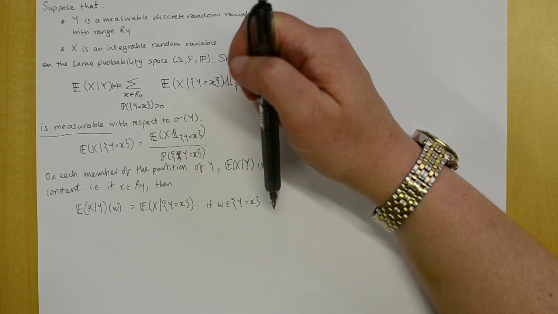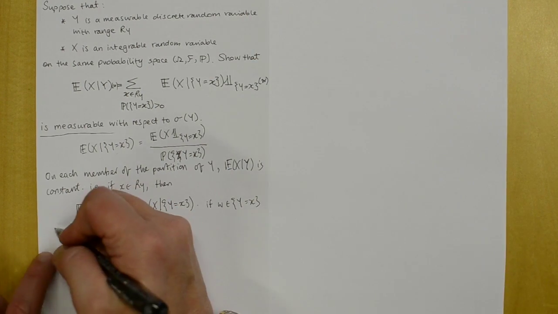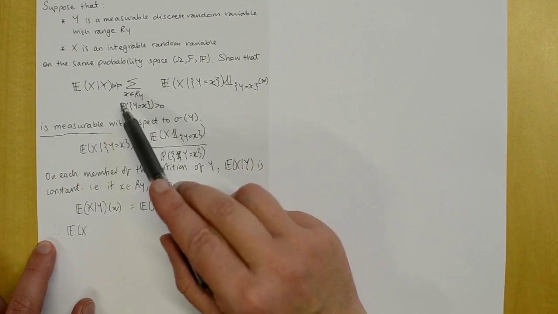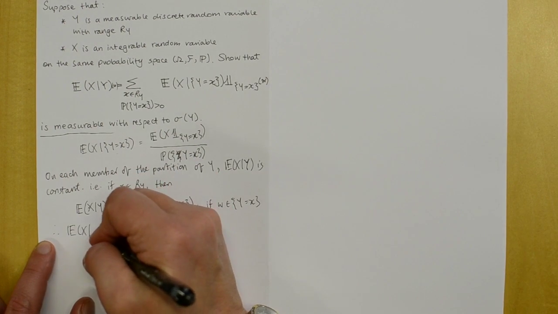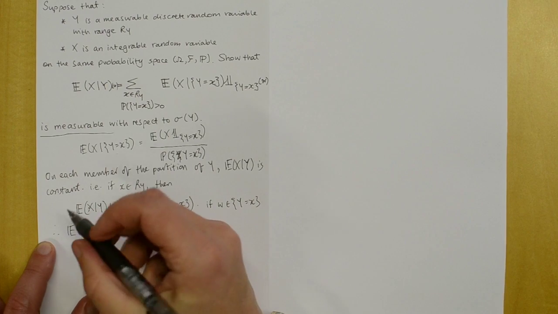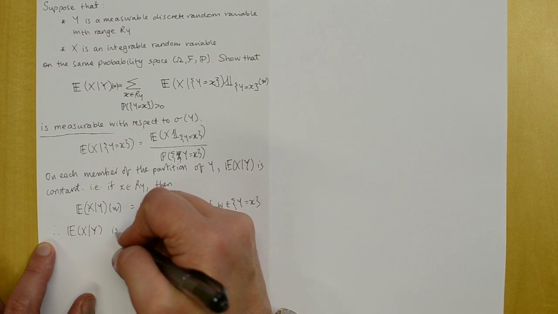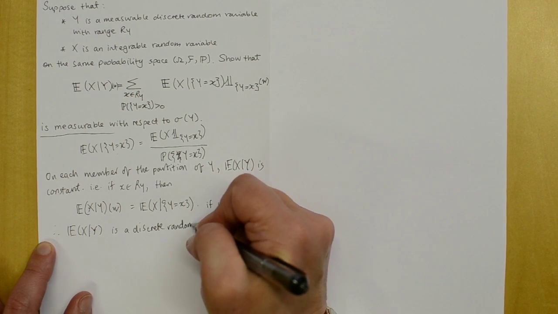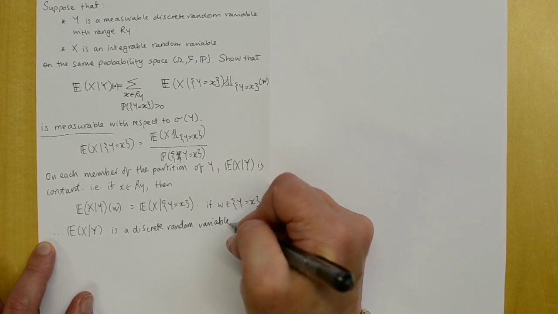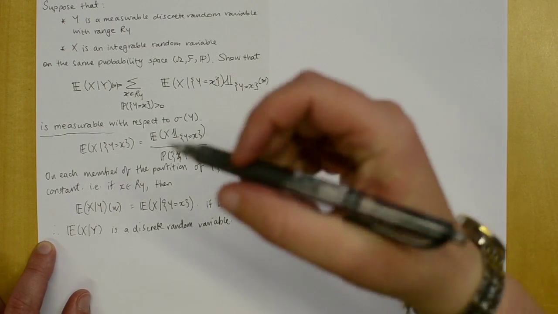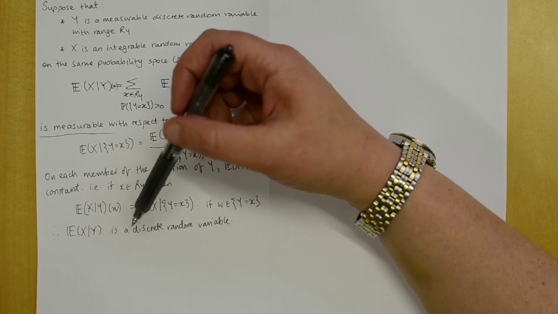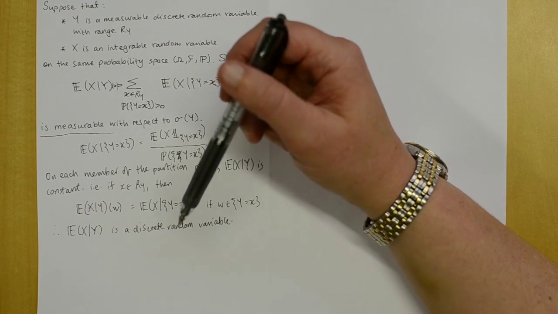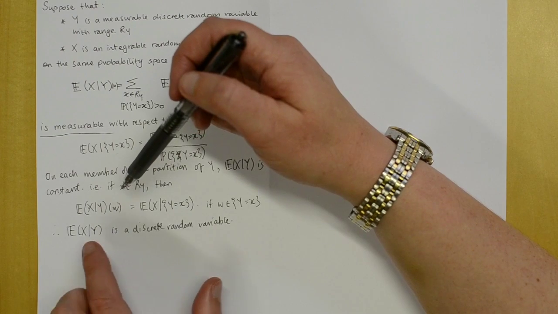So one thing that we can certainly say is that this conditional expectation takes only one value for each different value of y. So it takes countably, or maybe even finitely, many different values. So the conditional expectation of x given y is a discrete random variable. Moreover, if we think about the partition of this random variable, then this partition can't be finer than the partition of y. The reason is that it's constant on each element of the partition of y.